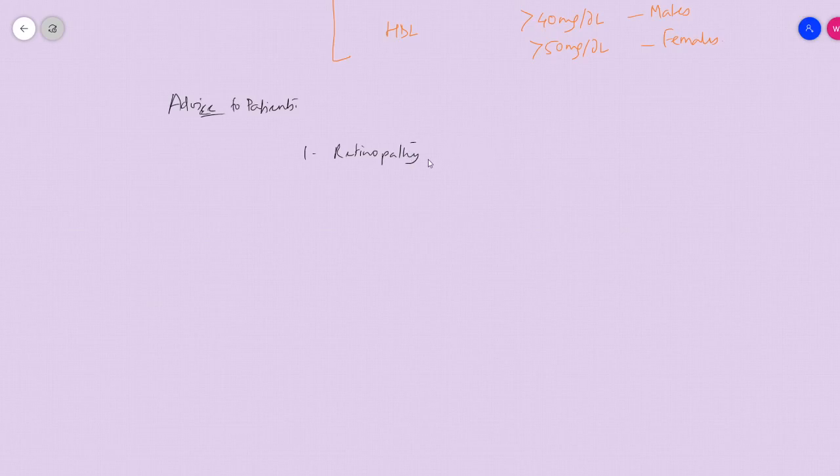So the patient should go to an ophthalmologist and get checked within about 5 years of diagnosis.